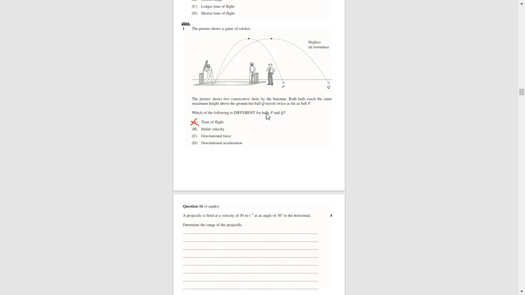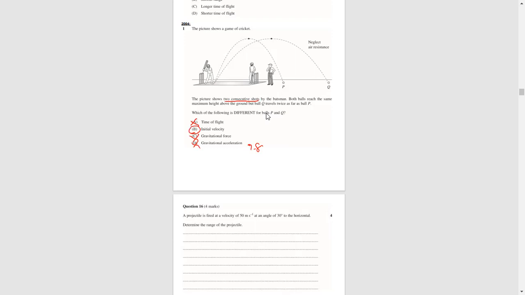And they clearly don't have different gravitational forces if they are the same ball, which, in 2 consecutive shots in cricket, you assume it's the same ball. The gravitational acceleration we know is 9.8. And so logically, by elimination thus far, we know they have different initial velocity.